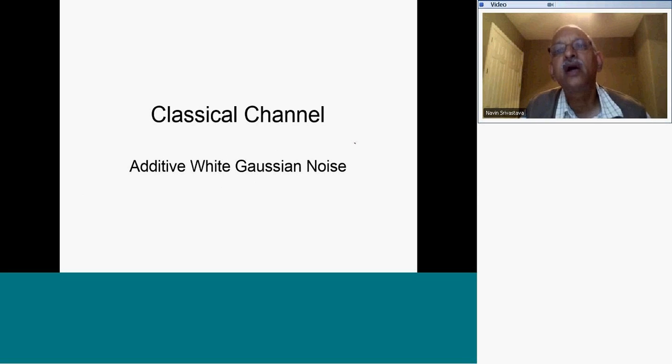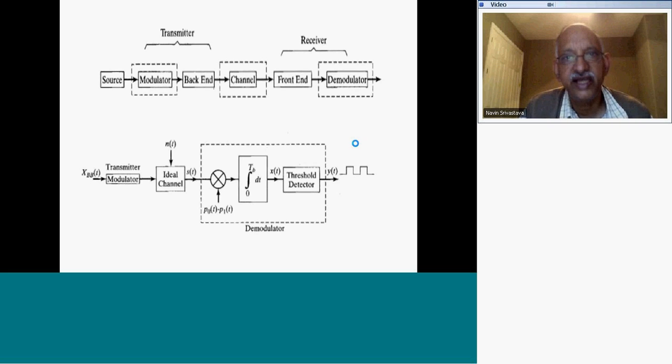And then, as I said, you must have done this. That is the classical channel and the additive white Gaussian noise. When you add that, then we are saying that this is your ideal channel. And if this channel is ideal, then whatever is sent, the same is received. But in case there is this channel with AWGN, that is additive white Gaussian noise, then this noise is added over here.